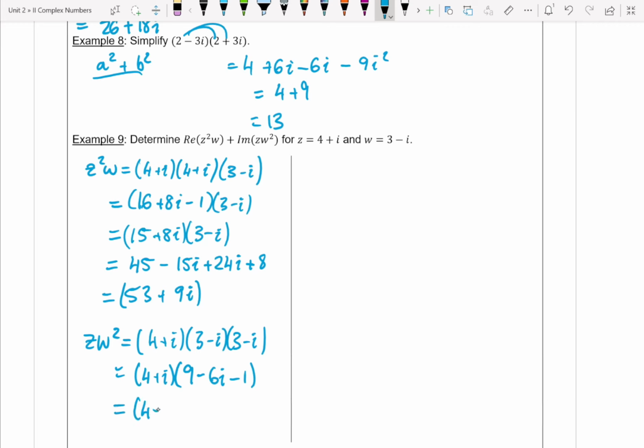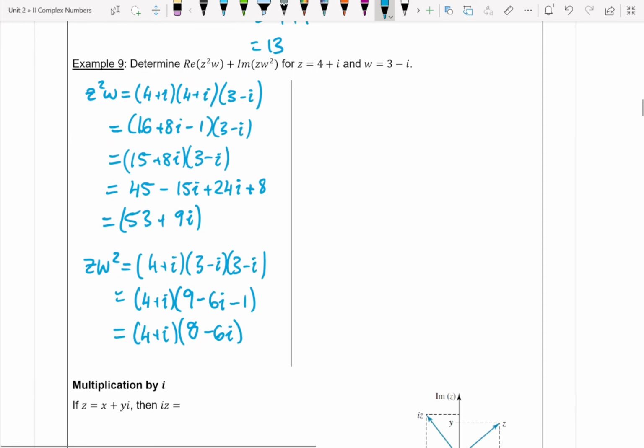So it's going to be 4 plus i times 8 minus 6i. And so now that's going to give us 32 minus 24i plus 8i plus 6. Again, that's negative 6i squared, skipping steps. 38 minus 16i. So that is that.